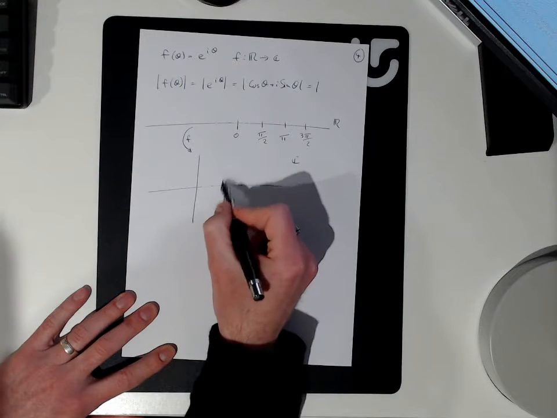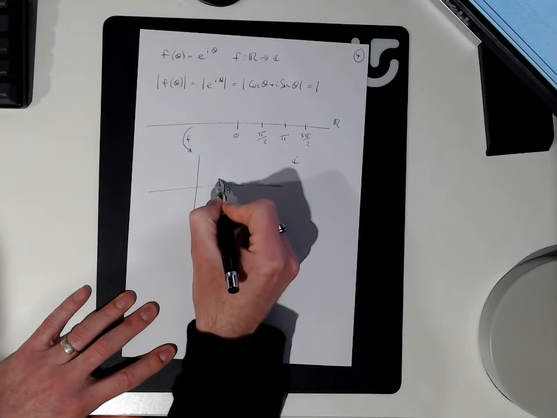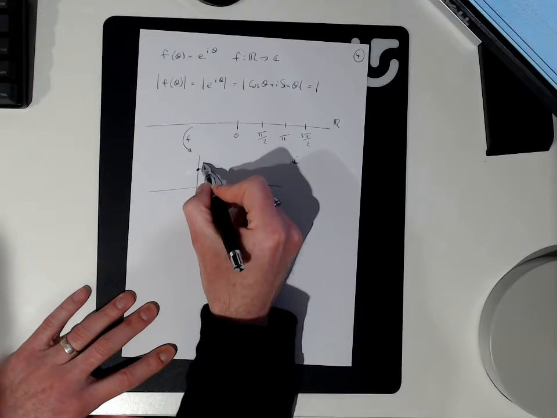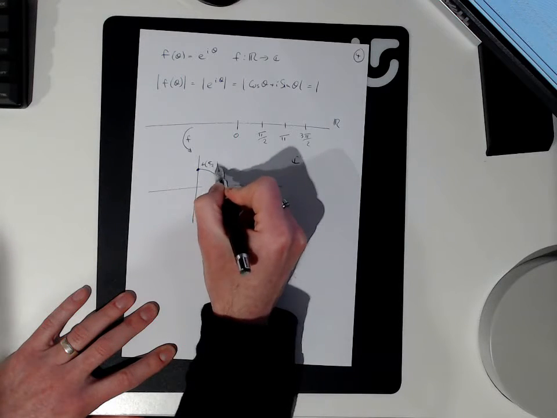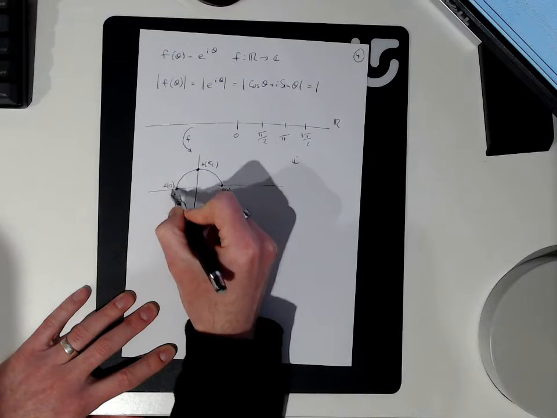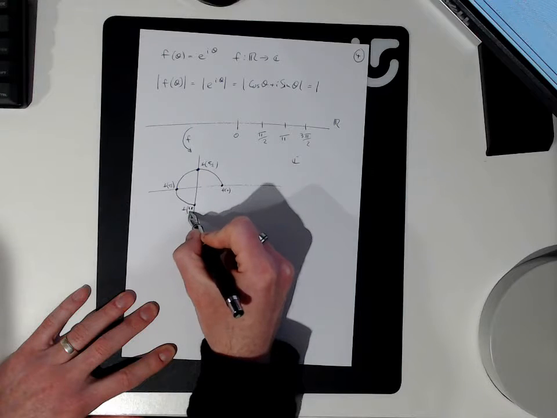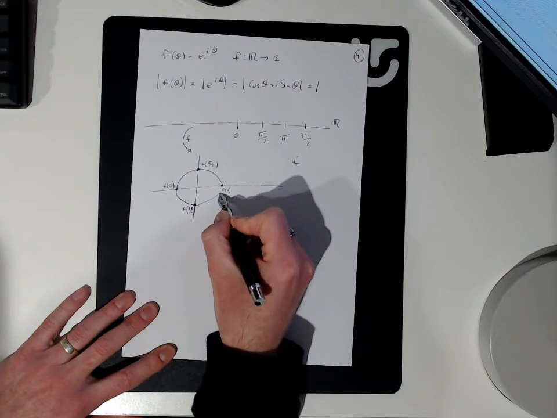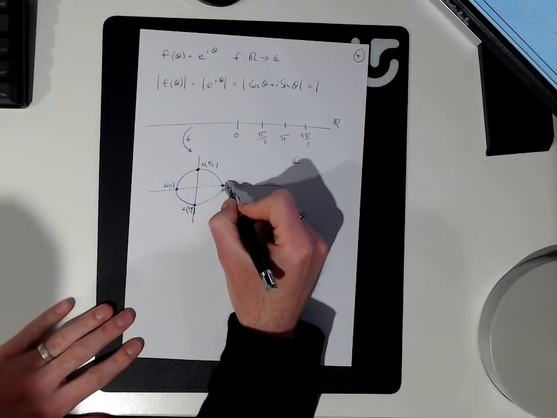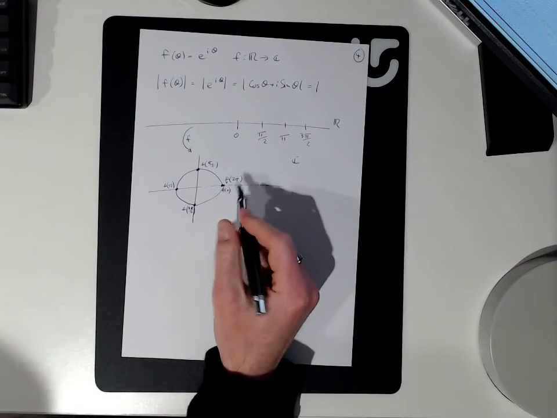It takes 0 to 1, and by definition that's f of π/2, f of π, f of 3π/2, and f of 2π, because I want to emphasize that.